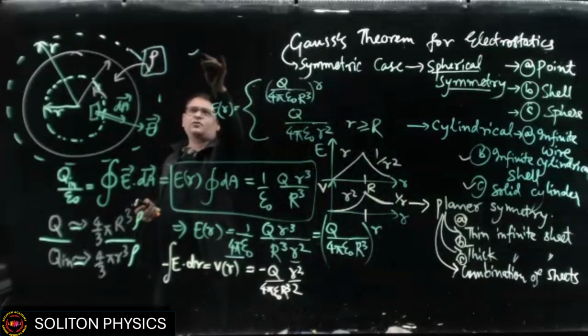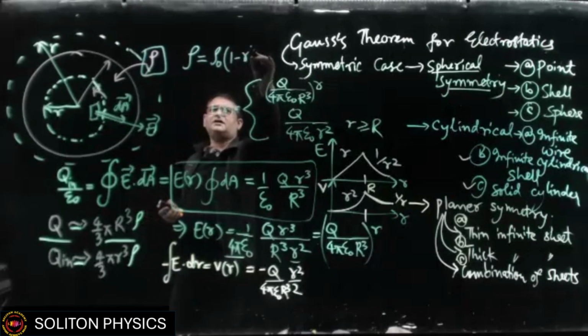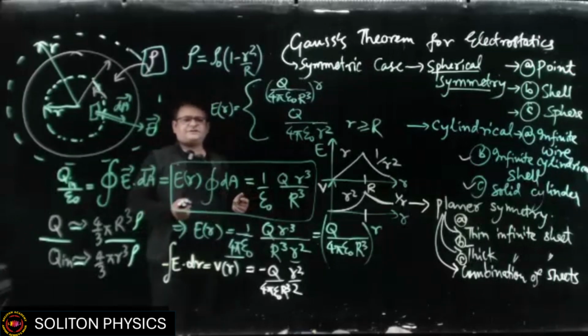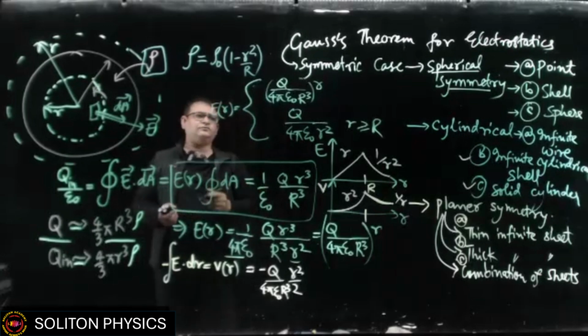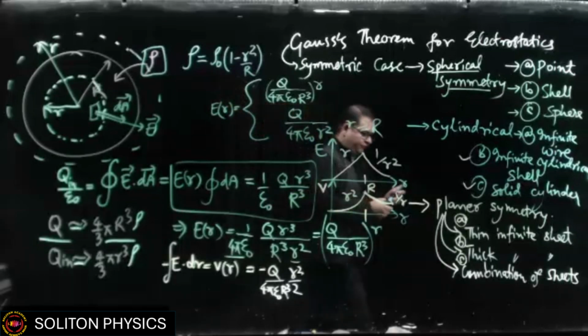They could give you rho equal to rho naught times (1 minus r square by R square). Suppose this is the charge density. Then how would you do it? Can you redo this with this in mind? Could you give it a try?